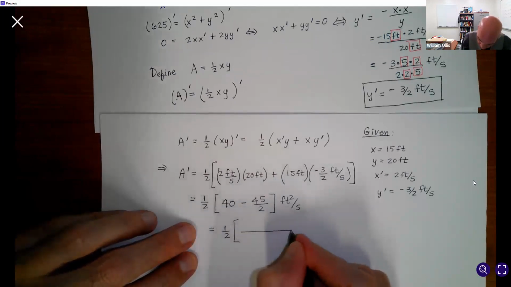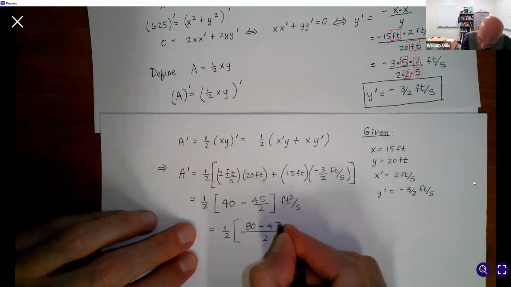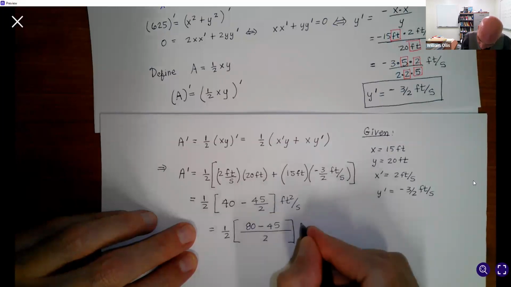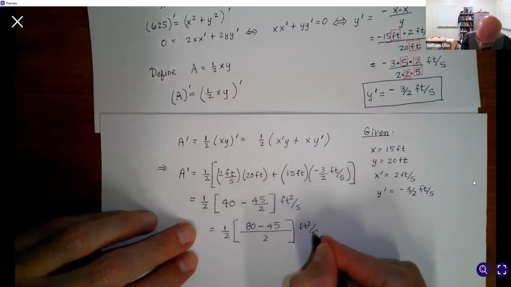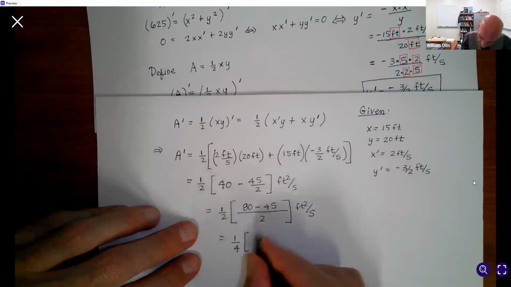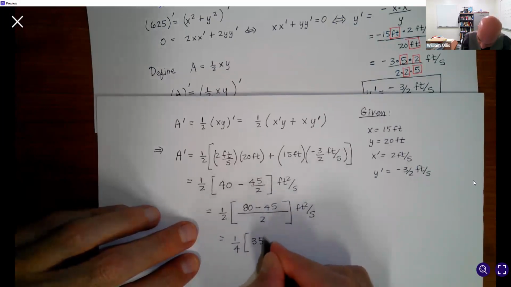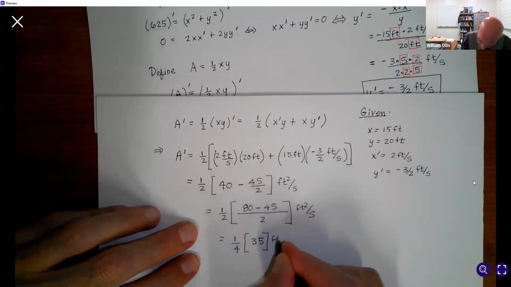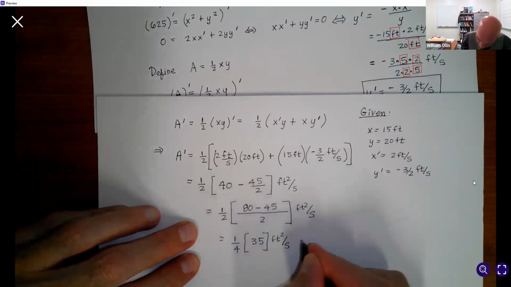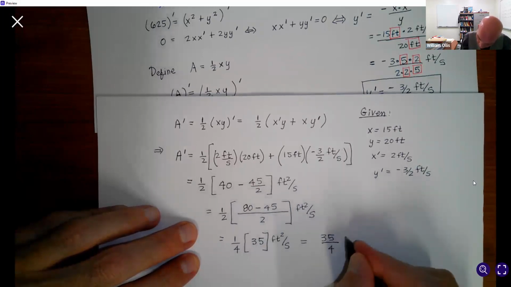So we have 2, and of course 80 minus 45 square feet per second. So 1/2, or actually just go ahead and multiply. We have the 1/4, and then the 45 from the 80 is 35. So we get 35 over 4 square feet per second.